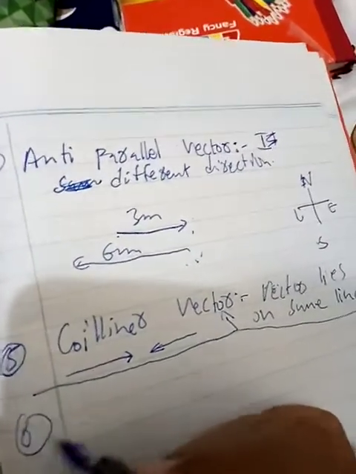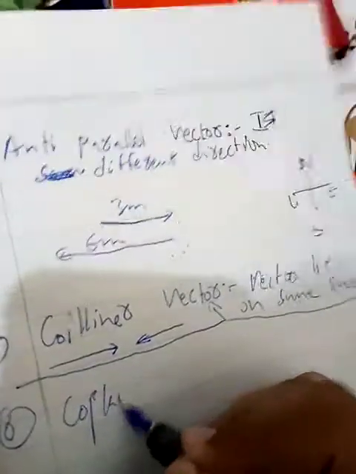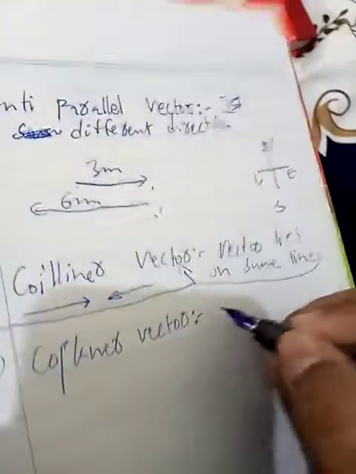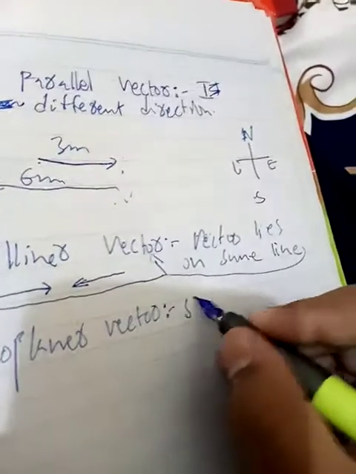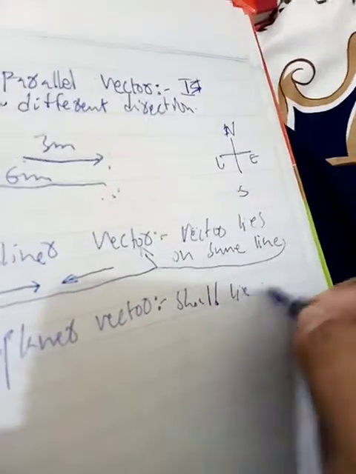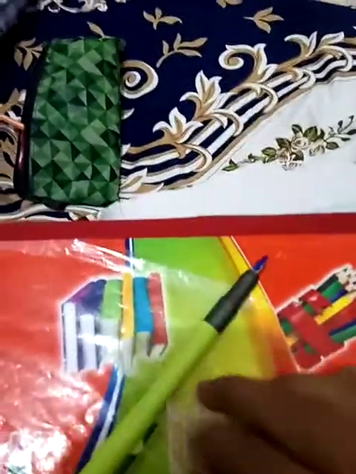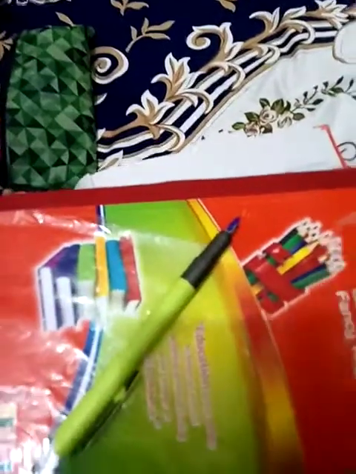Number 6 is coplanar vector. It does not depend upon magnitude or direction. It depends upon the vectors lying on the same plane. You will ask what a plane is. Consider that this register is a plane. If we have a vector like this on it, it will be called a coplanar vector.